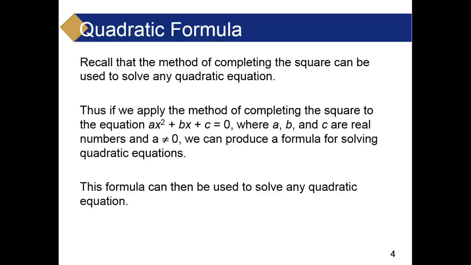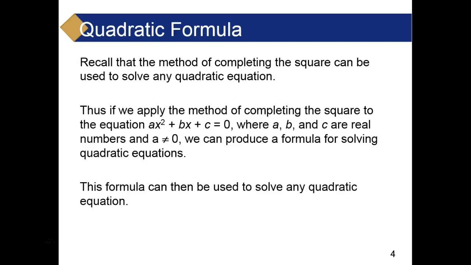Thus, if we apply the method of completing the square to our standard form for a quadratic equation, where a, b, and c can be any numbers in the world, positive or negative, rational or irrational, and we're not going to go into complex, but we will get to those. Any real numbers a, b, and c, with one exception. What is that exception?